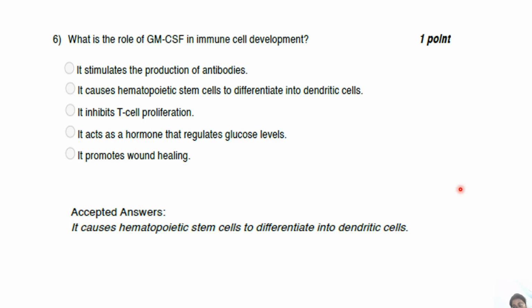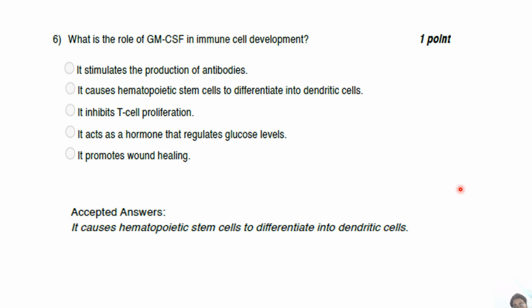It boosts functional activity of phagocytosis and antigen presentation as well. So in laboratory and immunological context, GM-CSF is widely used to generate dendritic cells from bone marrow or monocytes, which directly supports option B over here.